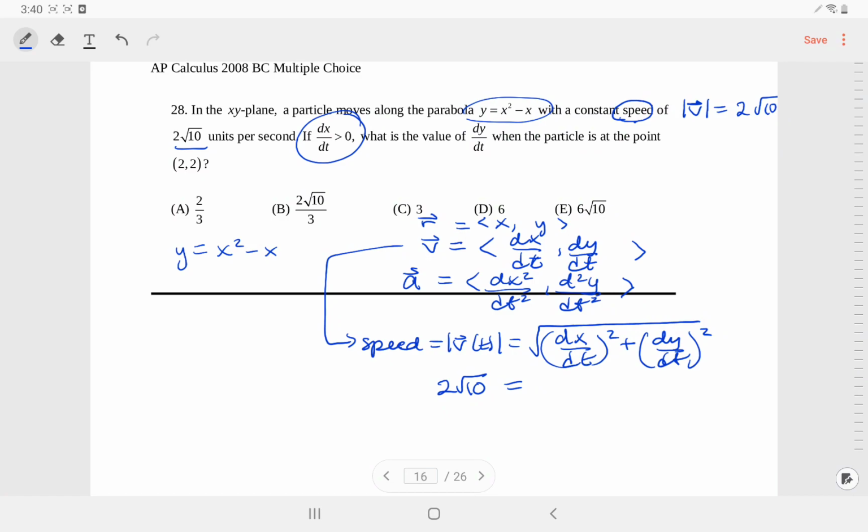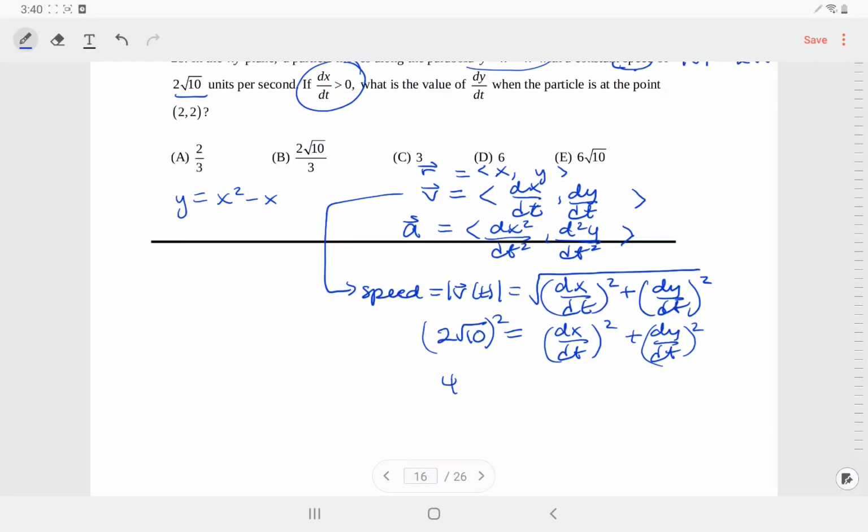And it says dx/dt is positive. Okay, I don't really have that yet. What is the value of dy/dt? Well, let's square both sides. So that's 4 times 10 equals (dx/dt) squared plus (dy/dt) squared.